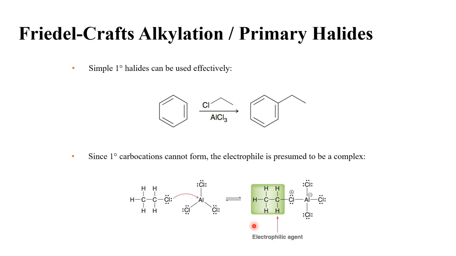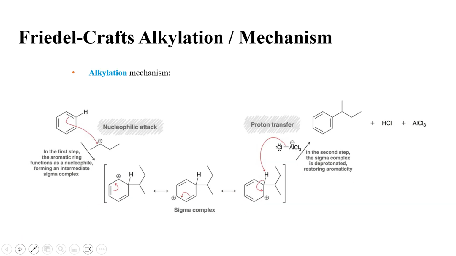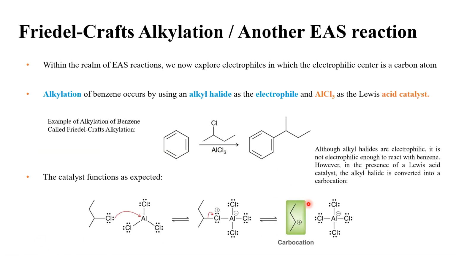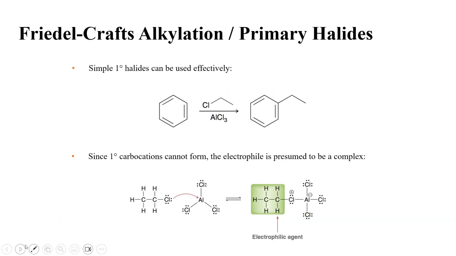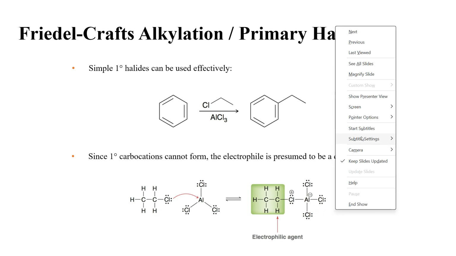You can accomplish the same reaction, except that we don't actually generate primary carbocations in solution. They're way too unstable. You know primary carbocations are not going to happen. Instead, the electrophilic agent is the complex itself. With the secondary substrate, we had the carbocation separated from this complex because we don't mind generating secondary carbocations, but with primary substrates, it just stays this complex.